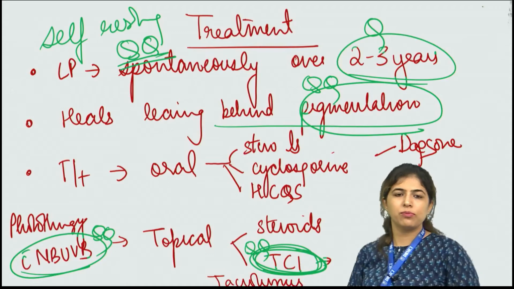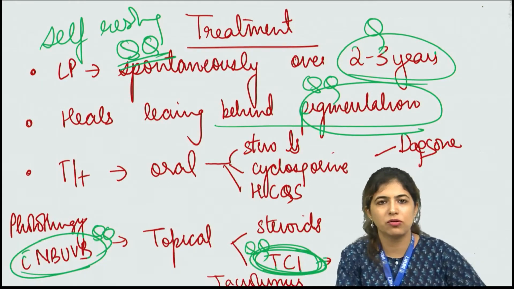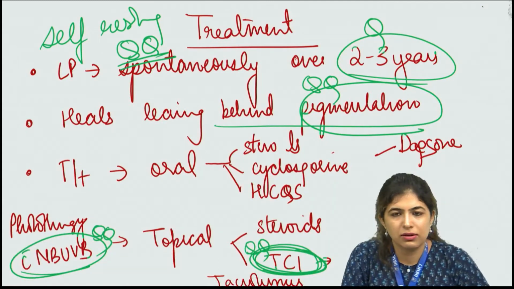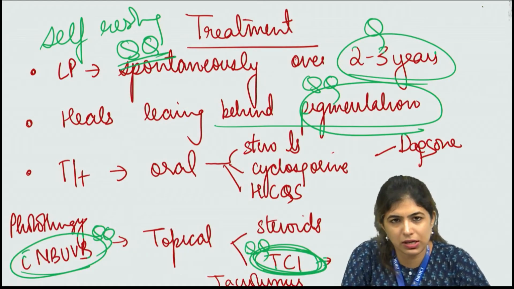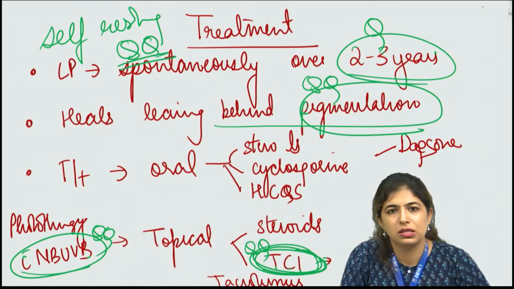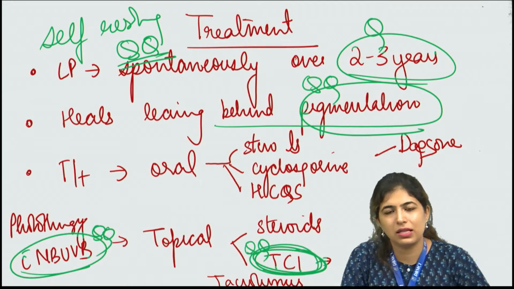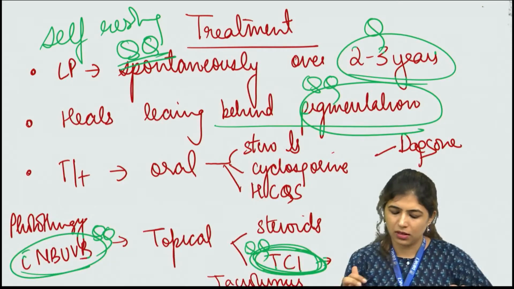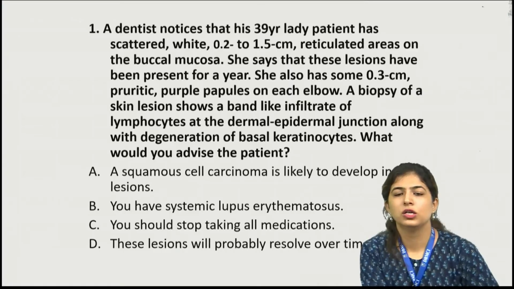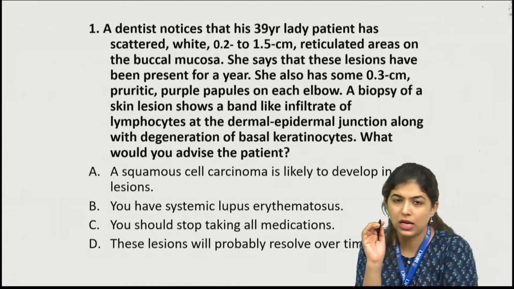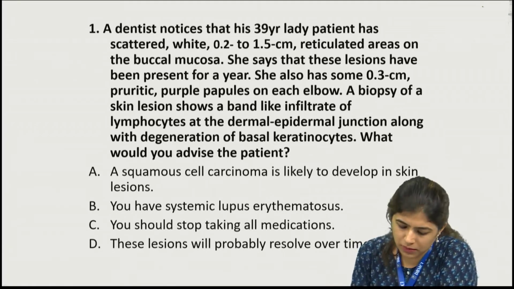These are all the important questions in the treatment of lichen planus. So what have we discussed? We have discussed the various clinical manifestations, diagnosis with the histopath, and the treatment. Clear to all? So, coming back to the question, now you tell me what is the right answer.